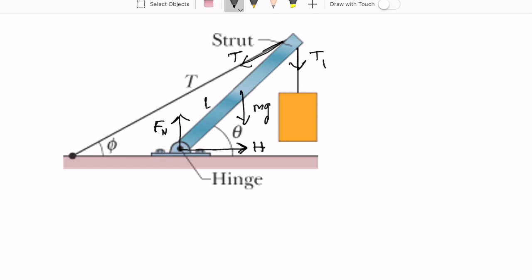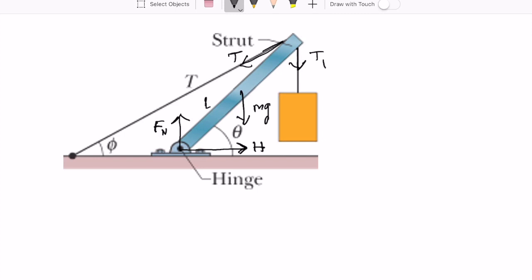It would move to the left, and the bar would just plop down on the ground. Since it's not moving to the left, we conclude that the hinge must be exerting a horizontal force which is preventing it from sliding to the left. And the horizontal force has to be to the right. Okay, so that is how.